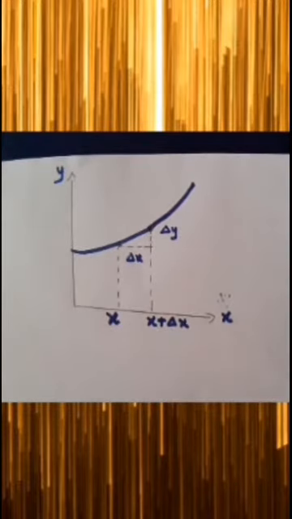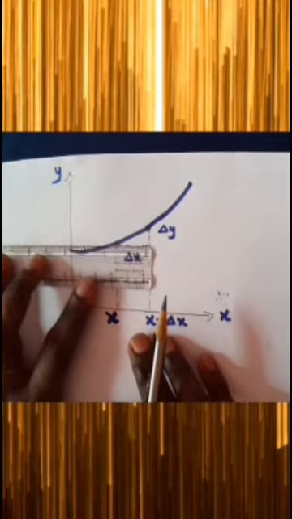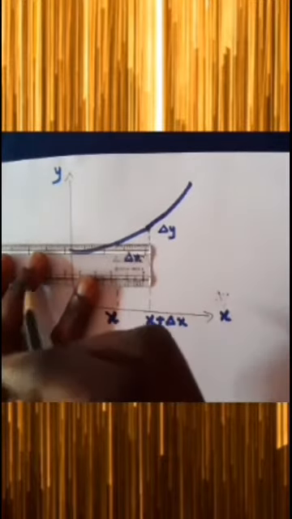Am I right, students? Similarly, we have taken this as a triangle. What is our aim? We have to find the slope at this point, dy by dx. Before finding the slope, I'll write the value of this side of the triangle.